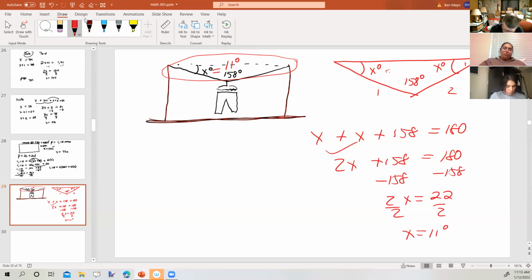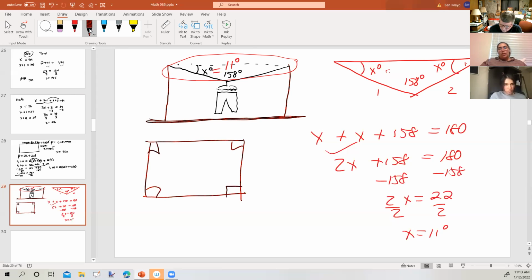Here's how I remember that. If you have a rectangle, it has four angles that are all right angles, right? Perpendicular right angles. A right angle is 90 degrees. So you got 1, 2, 3, 4. 4 times 90 is 360 degrees. So the four interior angles of a rectangle are 360 degrees.